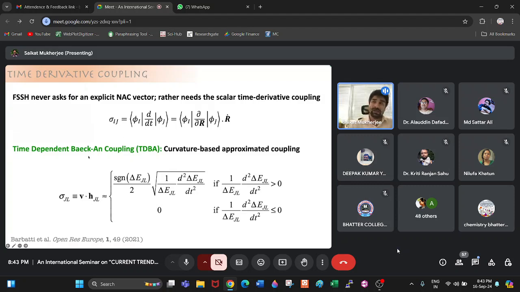So our group, Barbatti's group, and we developed a curvature-based approximated coupling. I do not want to go into the details of the equation, but as you can see, this is a curvature-based approximation because here we need the double time derivative of the energy difference. That is why it takes care of the curvature of the potential energy surfaces.